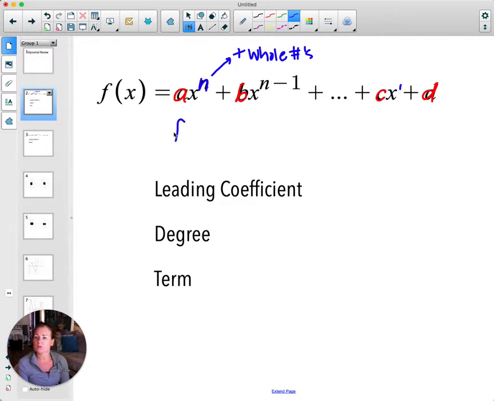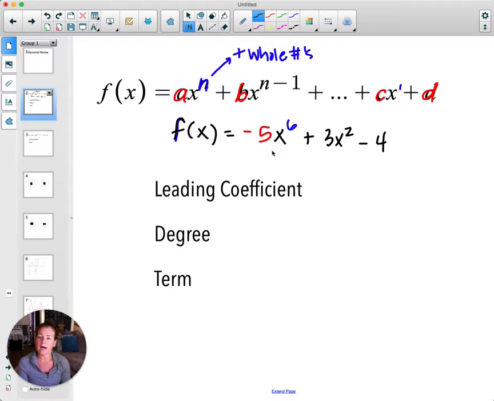So if I just write out an example polynomial, let's say that we have negative 5x to the 6th, plus 3x to the 2nd, minus 4. So you could have something like this.